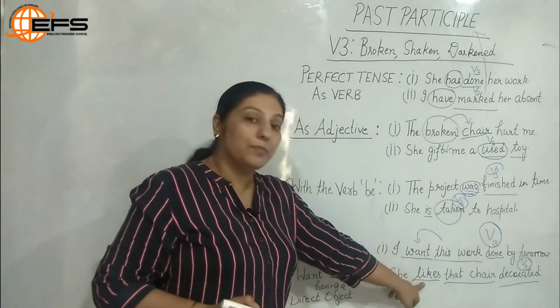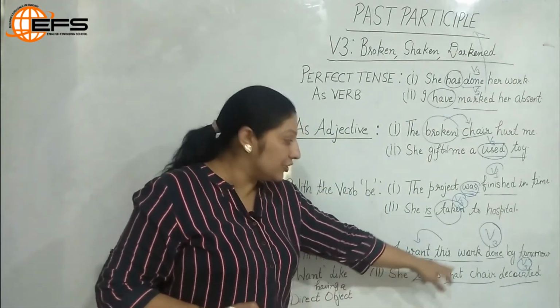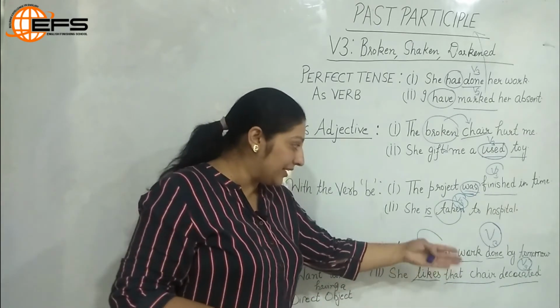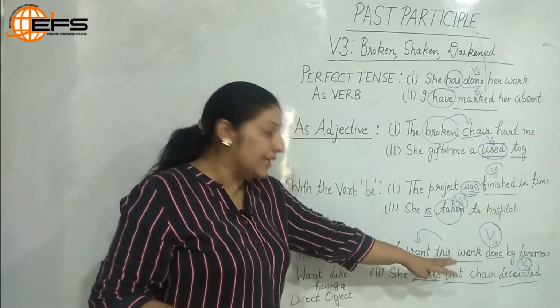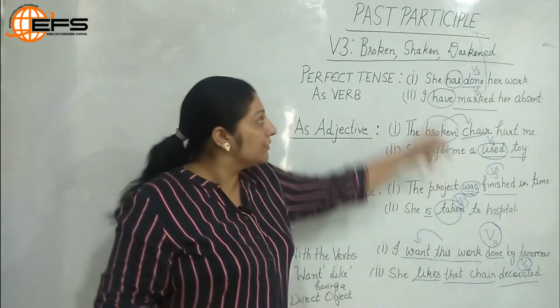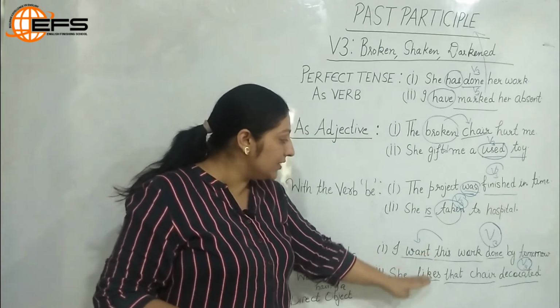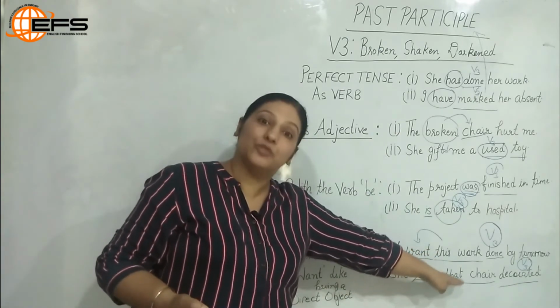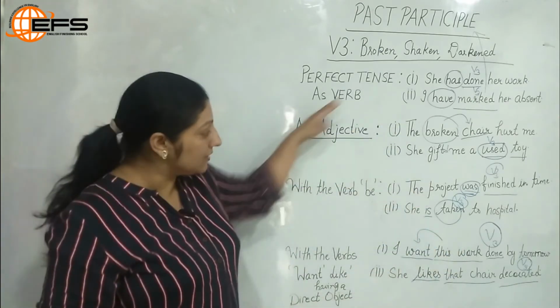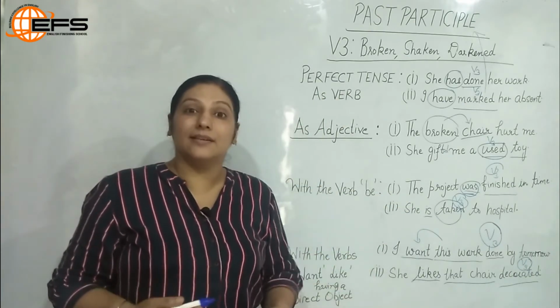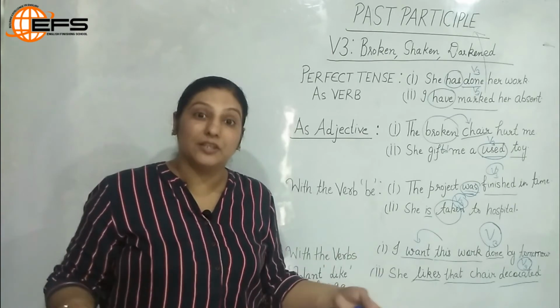Now if I change it into past, she liked that chair decorated in a particular fashion, in a particular style, that can be an extension of the sentence. So decorated is the third form of the verb, also called the past participle, and it is always used with the verbs want and like followed by a direct object in a sentence. So this is how the past participle functions in a sentence.